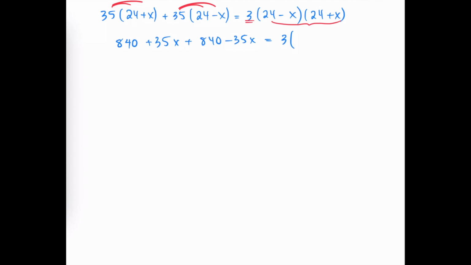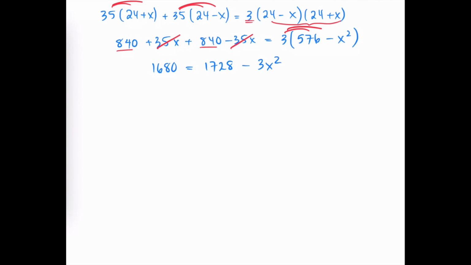So what we can say here is that 24 squared is 576 minus the x squared quantity, right? Now we're ready to distribute in this 3. Let's also simplify the left-hand side, noticing that we have these 35x's that cancel and that we can combine these 840s. 840 plus 840 is 1680, and 3 multiplied by 576 is 1728. And then we'll also distribute the 3 into the x squared to get minus 3x squared.